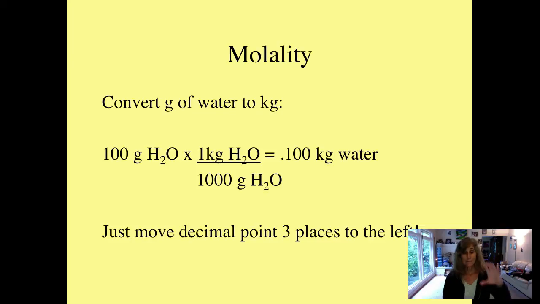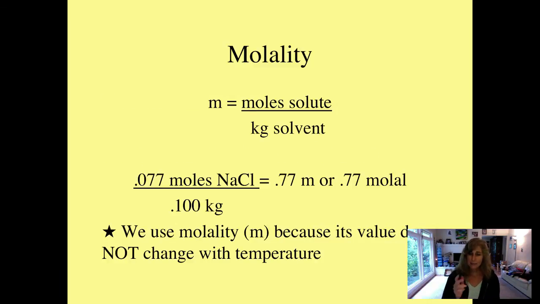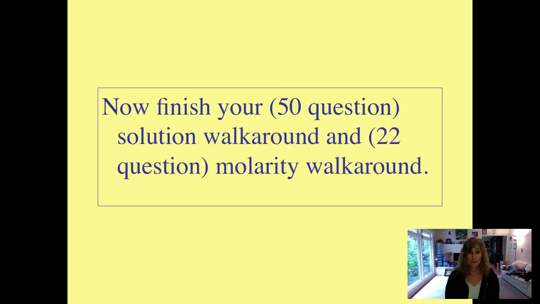So molality is moles divided by how much water, and the water's in kilograms. Little bit different twist on molarity. Moles divided by kilograms of solvent, not solution. We use molality because its value does not change with temperature. I don't know how often you'll use it, but here you have it, molarity and molality.